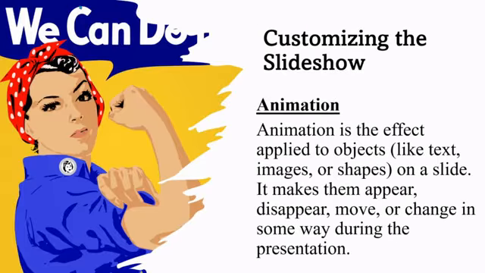Animation. Animation is the effect applied to objects on a slide. When we refer to objects, we're talking about things like text, images, or even shapes. Whenever you see them in a presentation appearing in a unique manner, or disappearing, moving, or changing in some way during the presentation, then you know that animation was applied to them.